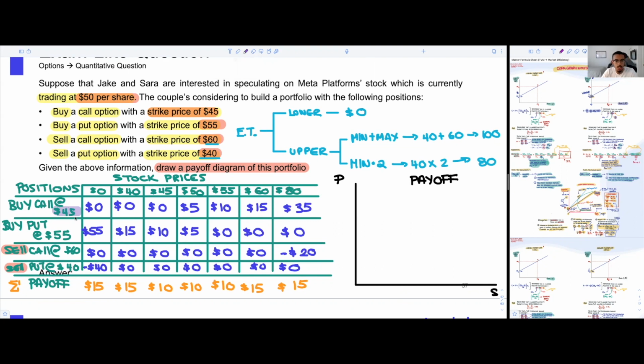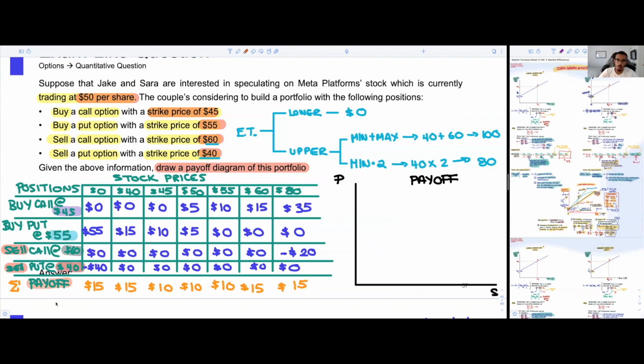We're going to draw our first position in purple on our payoff diagram. We're going to draw the second position as blue. We're going to draw the third position as gray. We're going to draw the fourth position as red. And we're going to draw our total portfolio payoff as orange. Okay. So these are our different color codes that we're going to use on our payoff diagram.